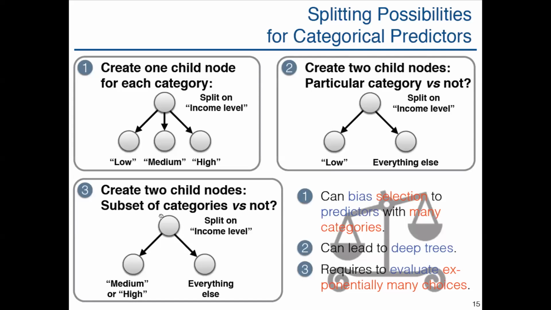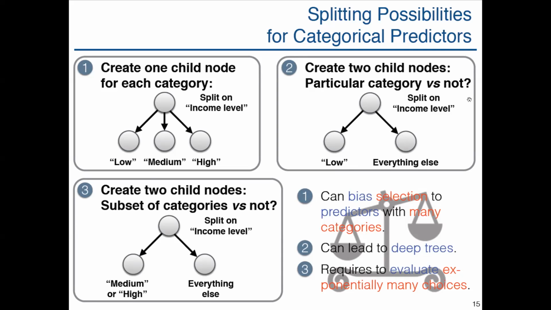Even though it's going to give you the best results out of these 3 possibilities, if you have some variables where the number of categories becomes very large, these possible splits are going to increase exponentially. So that's why this is not used very commonly in practice. Okay, so the first 2 possibilities are the ones that are used most commonly.